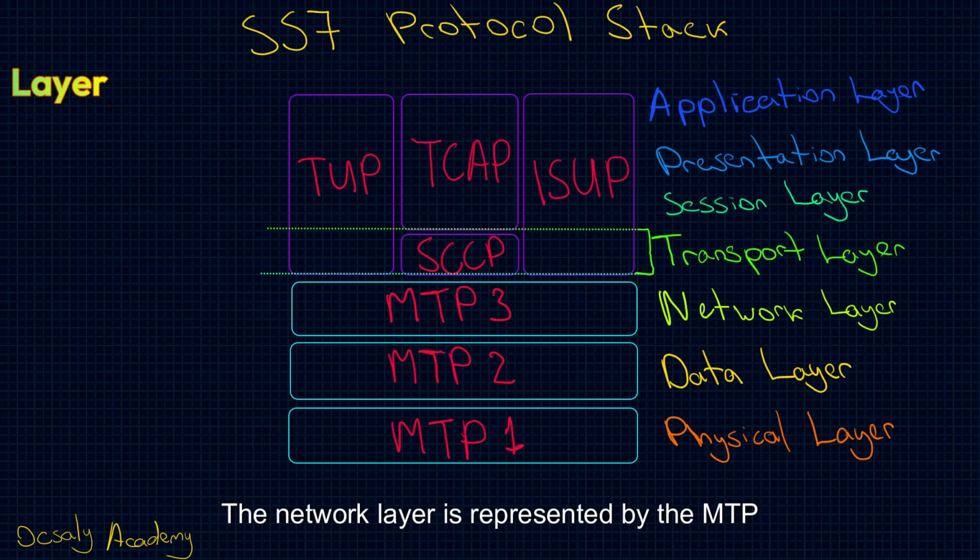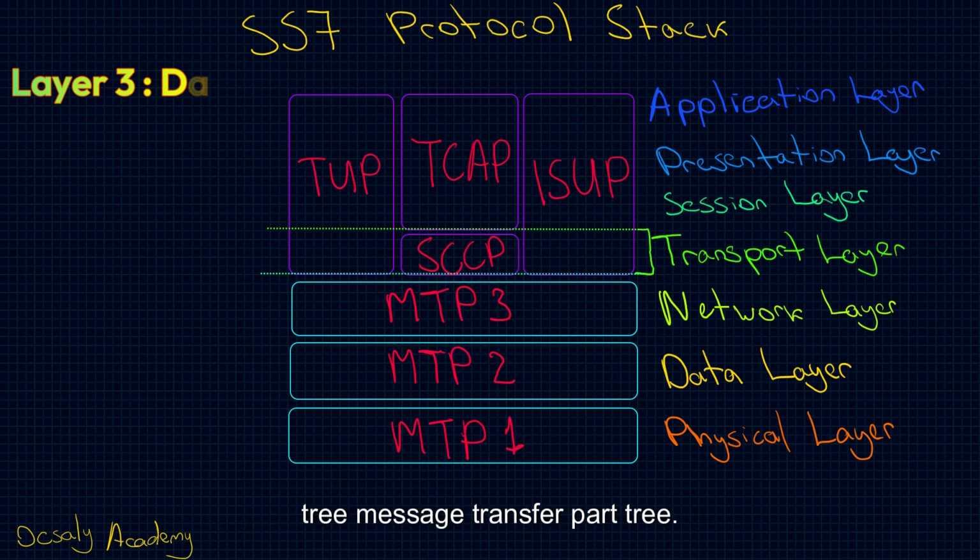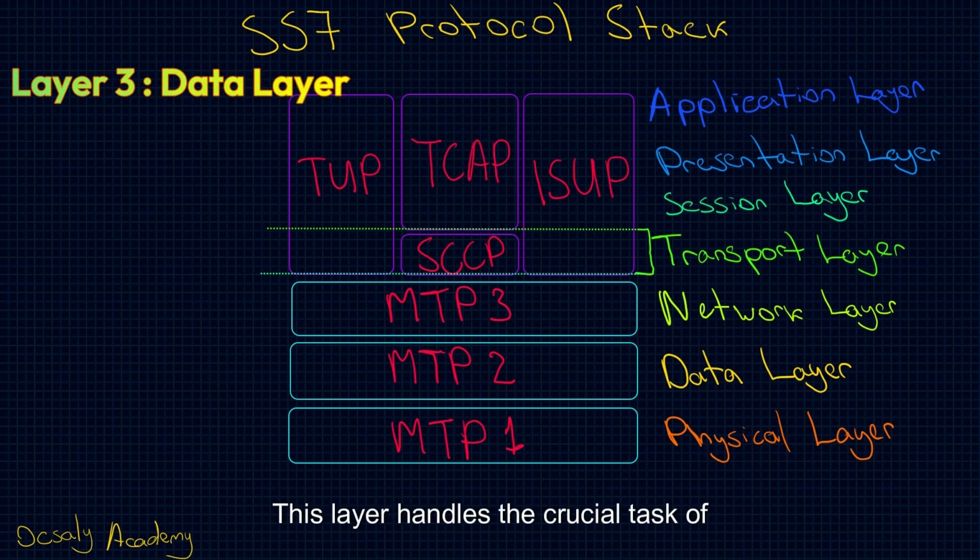The network layer is represented by the MTP3, Message Transfer Part 3. This layer handles the crucial task of packet routing, ensuring the data reaches its intended destination. So functions of MTP3 include assigning source and destination addresses to packets and forwarding packets across different network nodes.